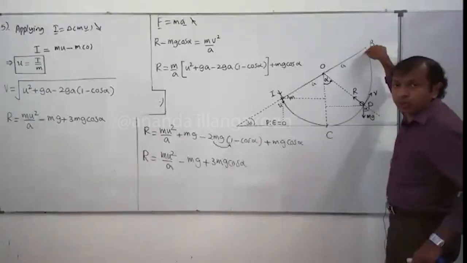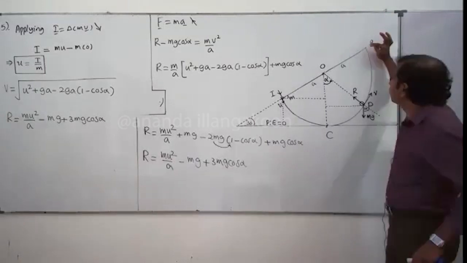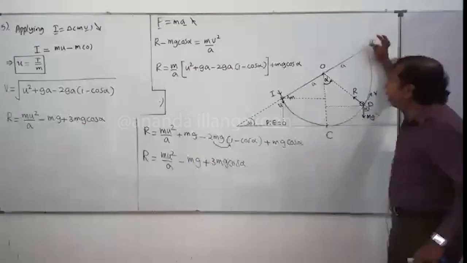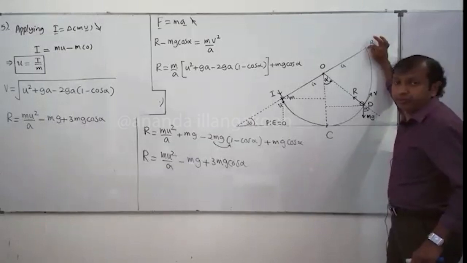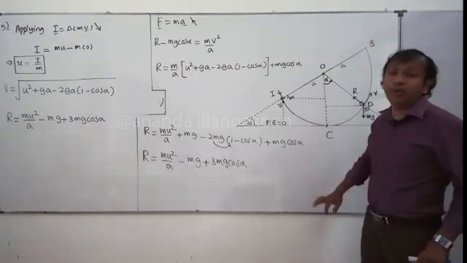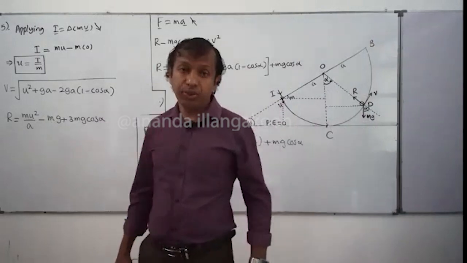Therefore, the condition required for the particle to reach the point B is that at the point B, the normal reaction acting on the particle should be positive or zero. Zero means that at the point B, the particle begins to move as a projectile motion under gravity.